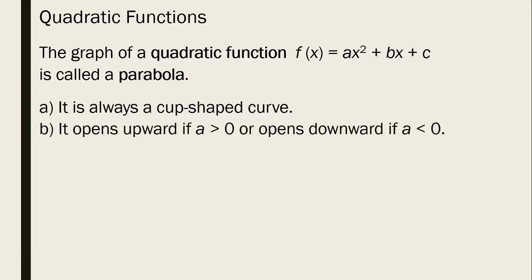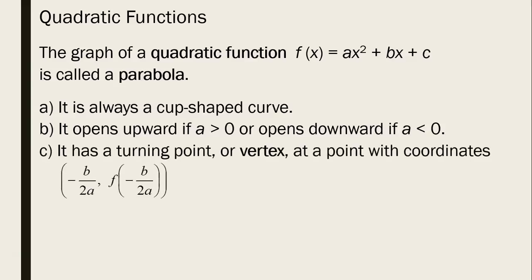It will open upward if a, that's the coefficient of the x squared term, is positive, and it will open downward if a is negative. It has a turning point, which we're going to call a vertex, at a point that has coordinates negative b over 2a, f of negative b over 2a.